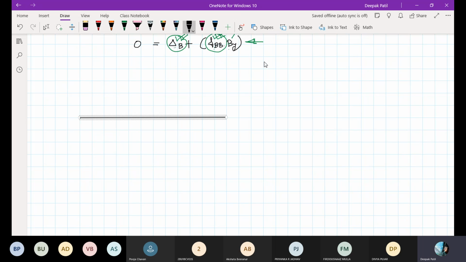So we have a continuous beam with a pin support, a roller support, and one more roller support.